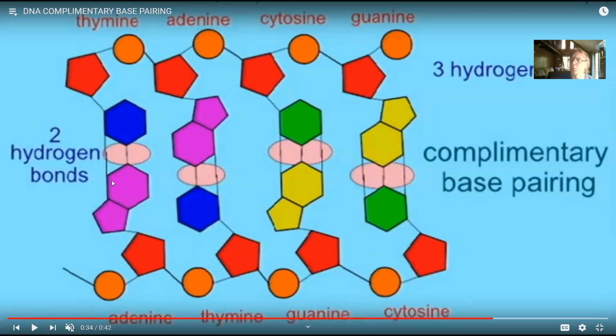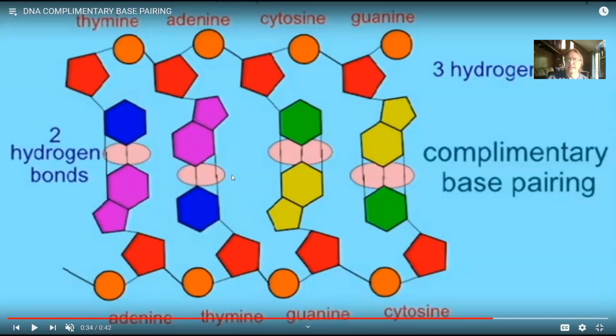When we talk about promoters of genes, where genes start, or origins of replication, we often see sequences like the TATA box, etc., which have lots of adenines and thymines. The reason this is significant is it's easier to start to separate a double helix where there are only 2 hydrogen bonds holding these together.